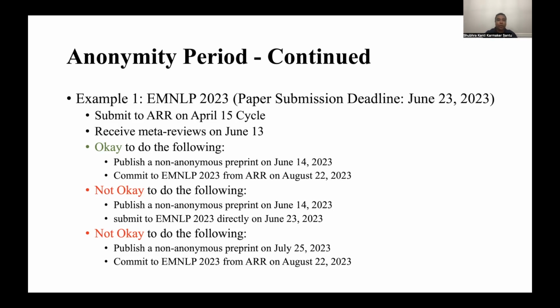And also, it is not okay to publish a non-anonymous preprint on July 25 and then commit to EMNLP on August 22, which basically means you are committing a paper in less than 1 month of publishing a non-anonymous preprint, which violates the anonymity rule of committing to the EMNLP venue.